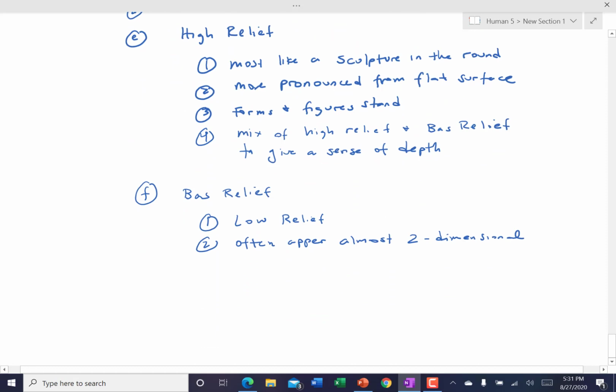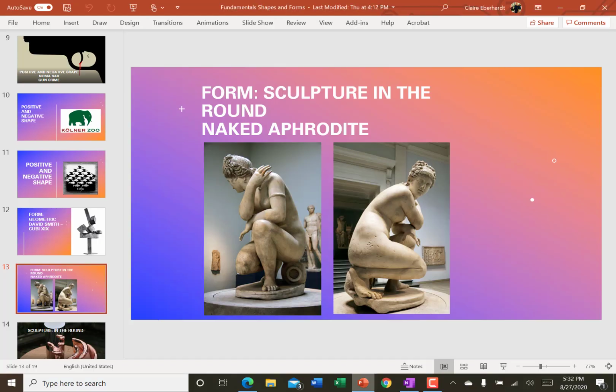It is a sculpture technique where the main emphasis tends to be on the design elements, the lines and the shapes over form. It still has some form, but overall it is close to a flat surface. Again, close to that two-dimensional component. Okay, so now let's look. Sorry, I got ahead there on that.